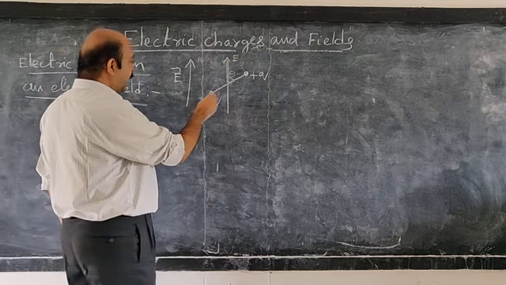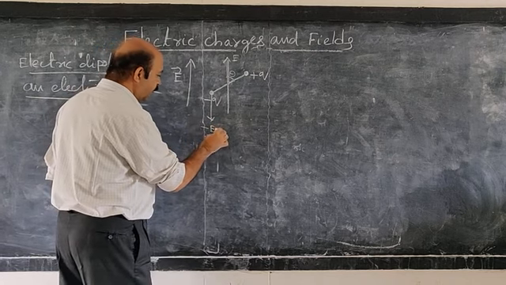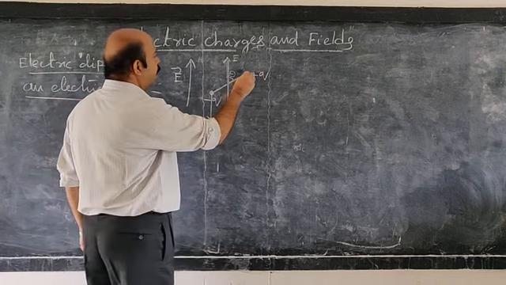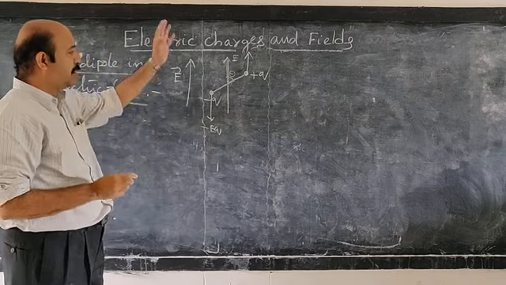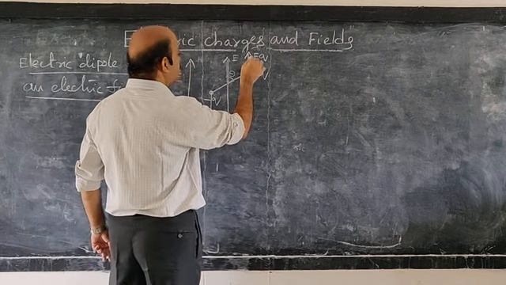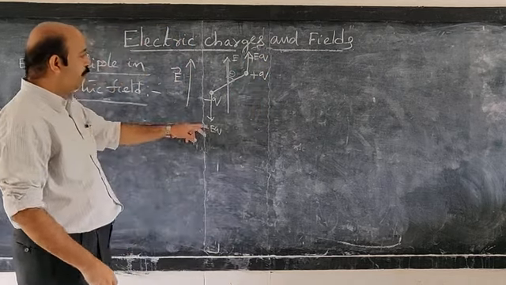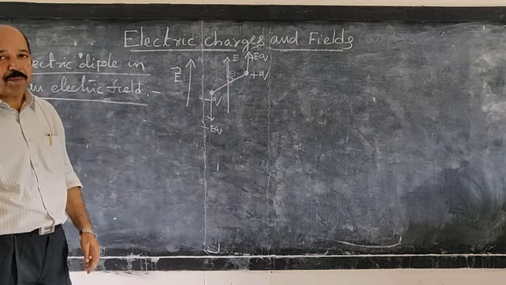Now, a force acts on the minus q charge like this. This is the force on this. Similarly, the force on the positive charge acts in the direction of the electric field. So, that is plus Eq. Since the forces are equal and opposite, the net force on the dipole must be 0.